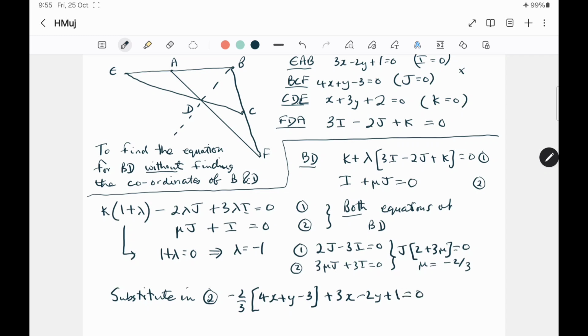And multiplying all that out, we can get, killing the fractions, minus 8x minus 2y plus 6 plus 9x minus 6y plus 3 is 0, which leads us to the final result, x minus 8y plus 9 is 0.